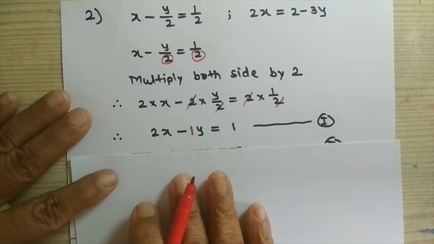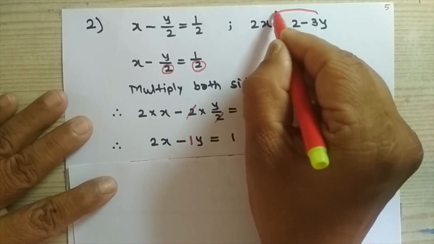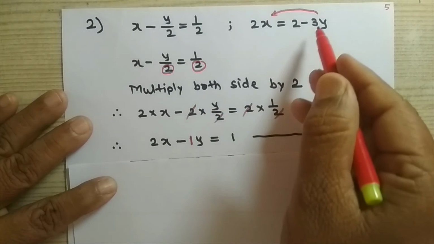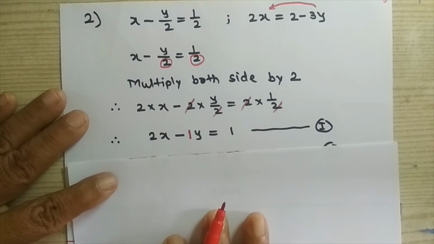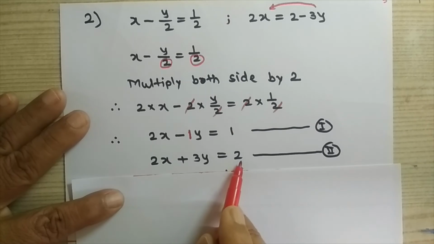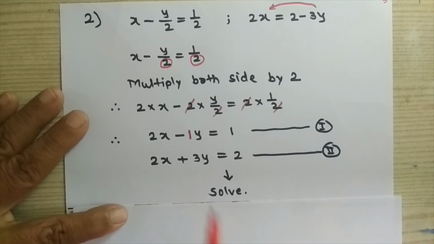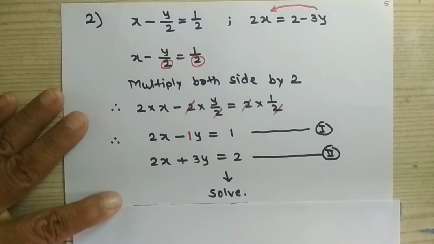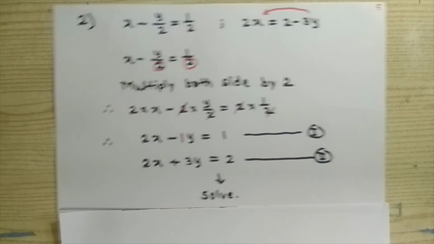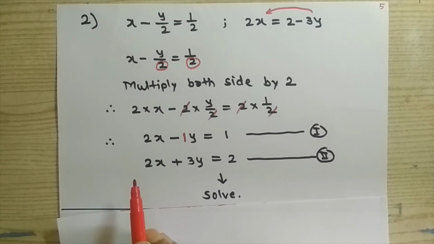Now we have to take the second one. We take 3y to the left side of the equality, then it becomes plus 3y. Therefore, that will be 2x plus 3y is equal to 2, the second equation. We can easily solve such types of examples by Cramer's rule. We first find determinants D, Dx and Dy.